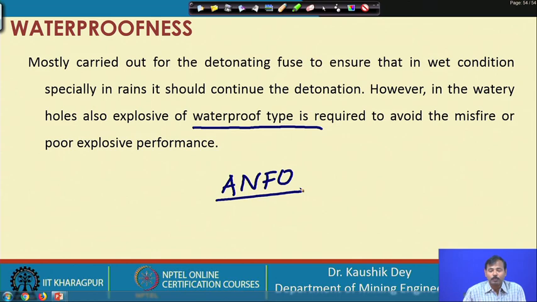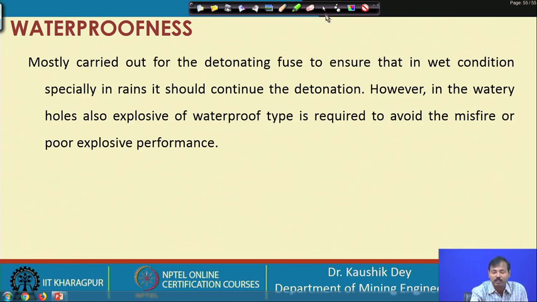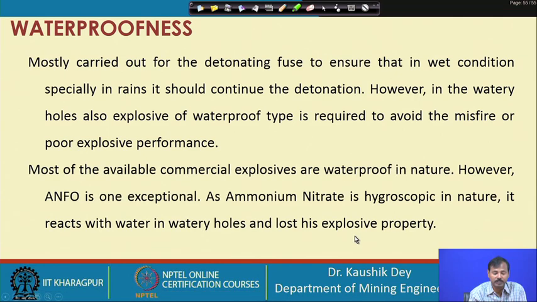So, waterproofness of the explosive inside the hole is required when the holes are watery, may be due to rainwater or underground water, groundwater. In those cases waterproof explosives are required. Otherwise, waterproofness of the detonating fuse is very important for the continuation of the detonation pressure from one point to another.